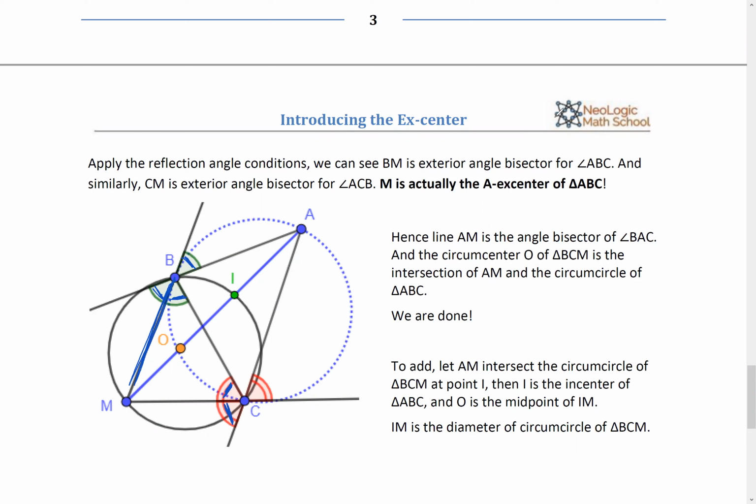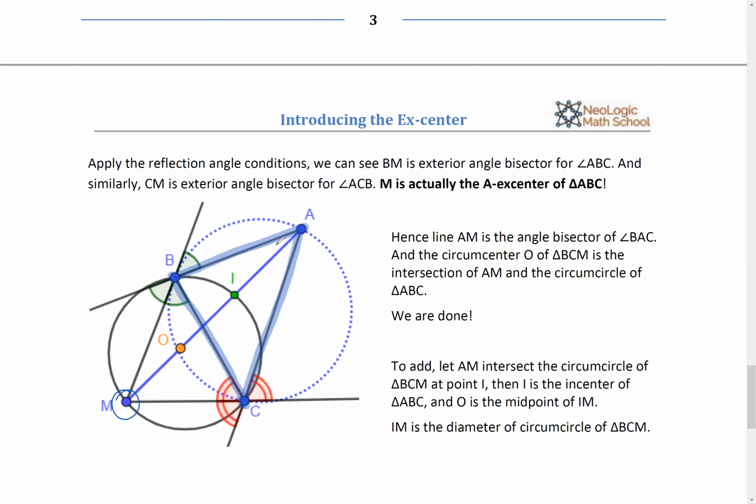So right now, interestingly, we actually see that M is an excenter for triangle ABC. If you think about it, M is the excenter. If M is the excenter, then AM is the interior angle bisector.